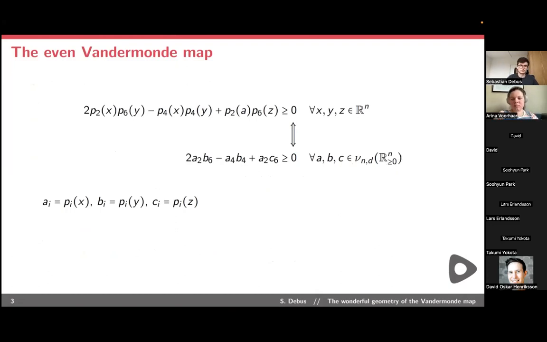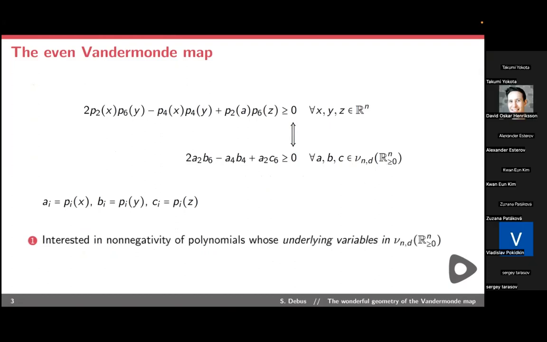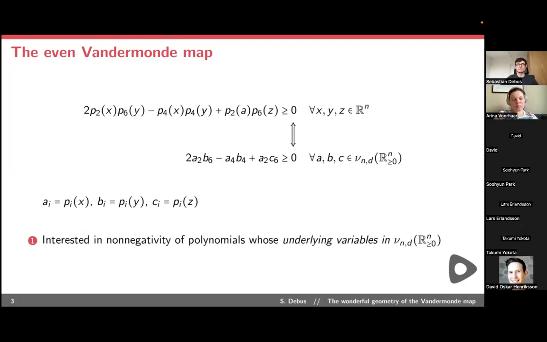And this lets us draw the following two conclusions. We are interested in the non-negativity of polynomials whose underlying variables are contained in the image of this Vandermonde map. Here I use only even power sums. So this translates to the image of the Vandermonde map restricted to the non-negative orthant.